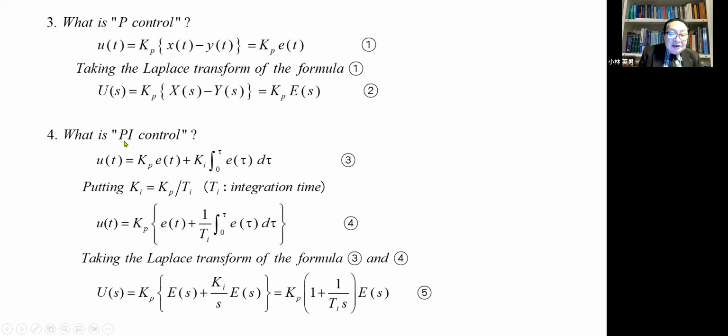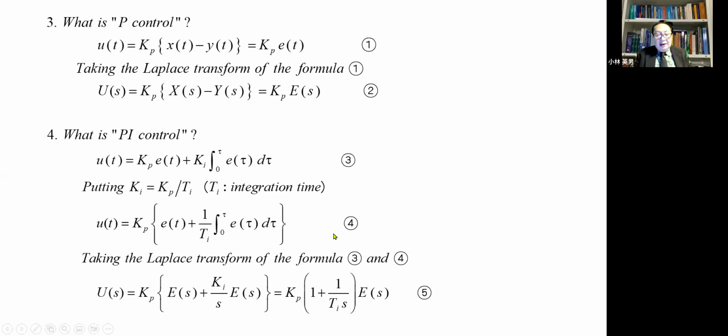So number 4, what's PI control? PI control, as I said, uses P control and I control at the same time. Now here, P control, here, I control, okay? So we can write like this from number 3 formula to number 4 formula. Here, we use this integration time, Ti. Then, using Ti, we rewrite number 3 formula to number 4 formula, like this.